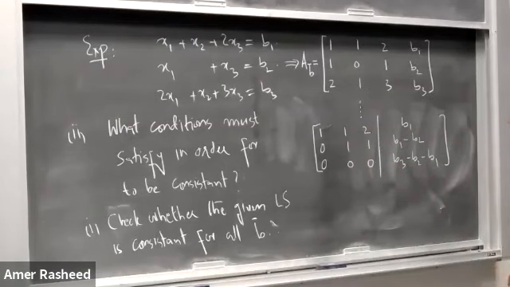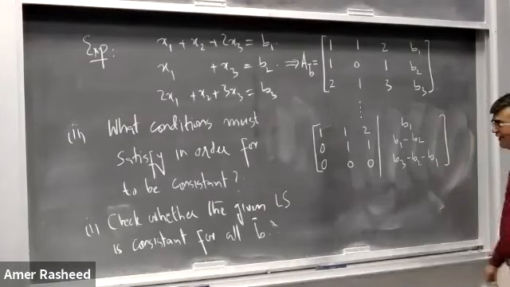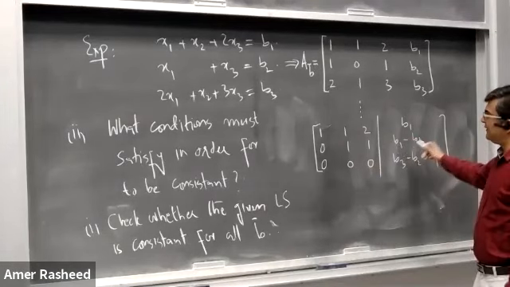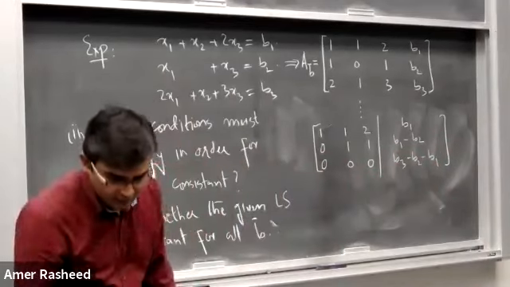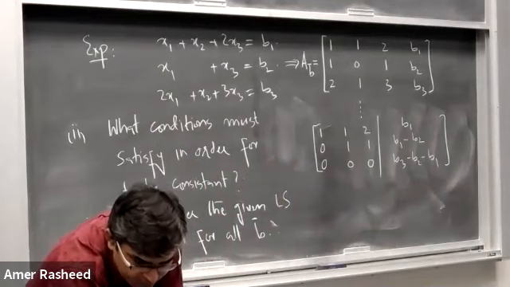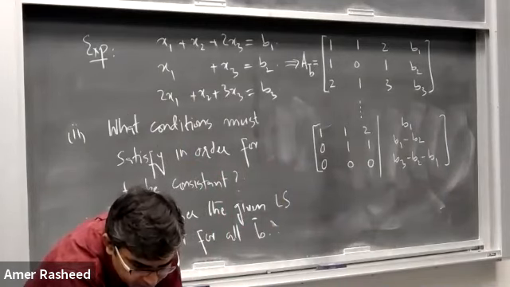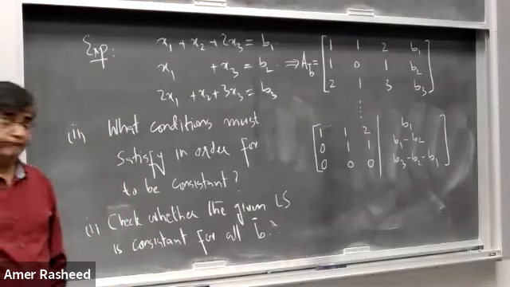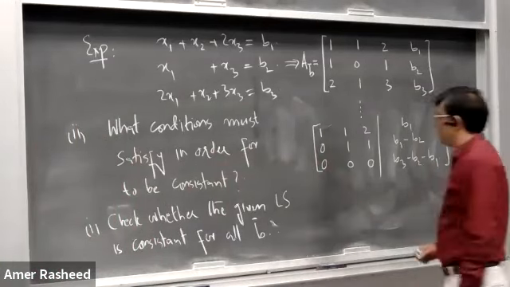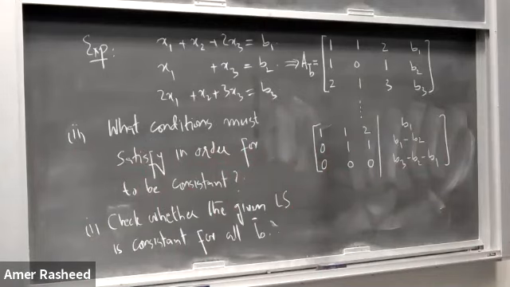Now, what should be the condition on B's so that this linear system becomes consistent? What should it be in your view? Anyone tell me what conditions we should impose here. B3 should be the sum of B2 and B1. Yes.